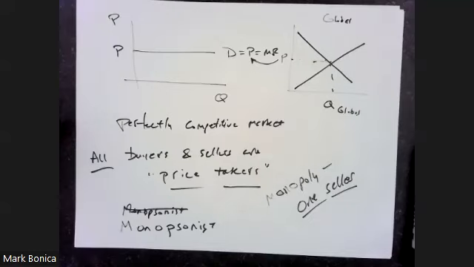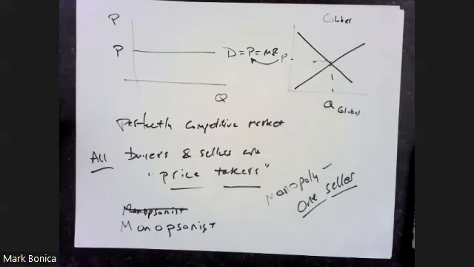And so you have one seller, and when you have one seller, these people have what we call market power. And what I mean by market power is the ability to set prices in your market, right?